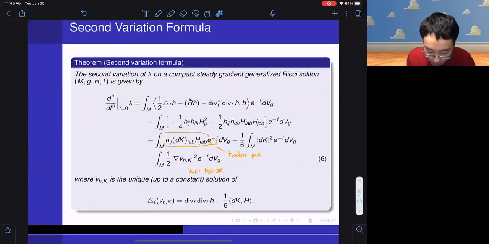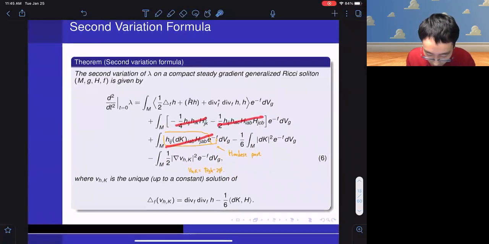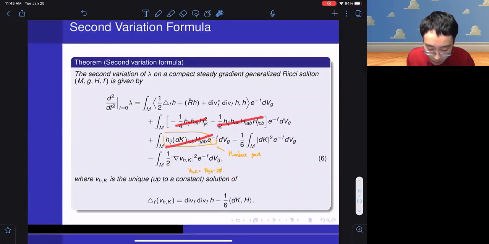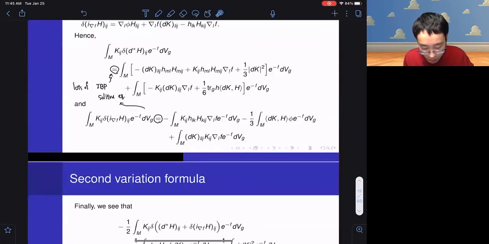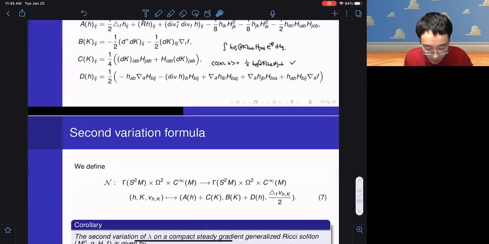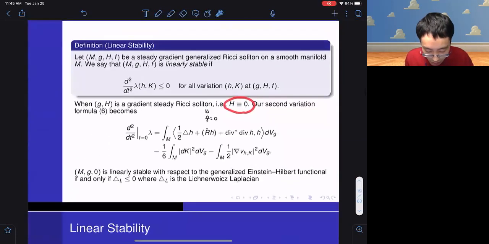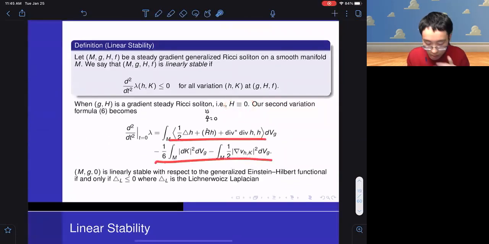If H is 0, we don't have this 2 power, and this 3 power will be removed. Then we are only left with these 2 lines.